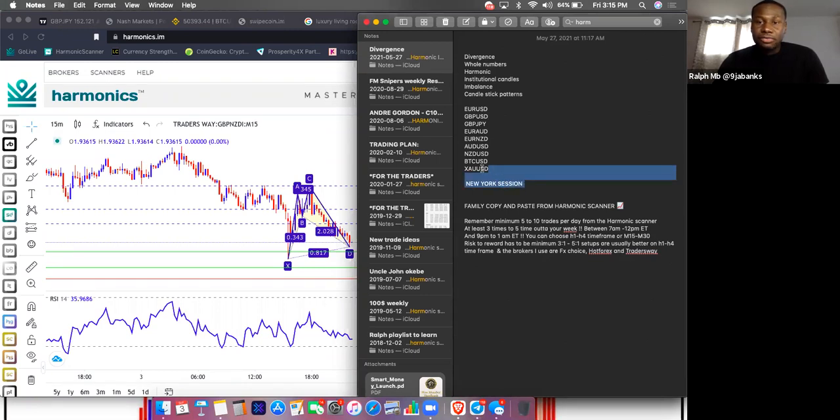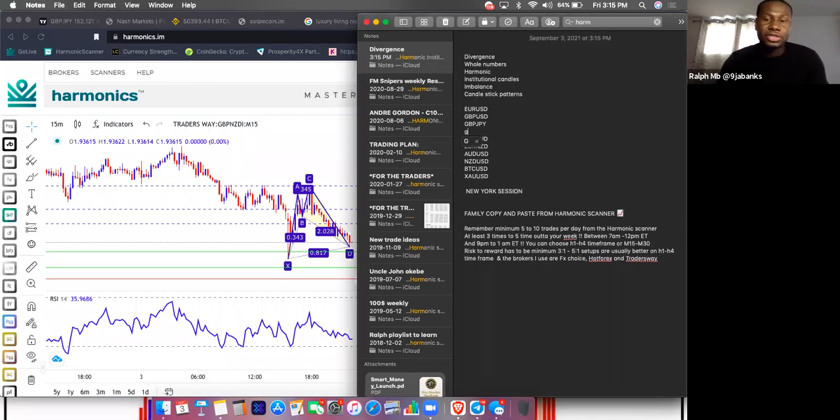These are mainly pairs that react in the New York session, and I've added a couple of pairs that are London session pairs because I like to trade the pound, I like to trade GBP/JPY and also the GBP/CAD pair, right? So that's why I added them as far as pound pairs, because those are the pairs I enjoy trading. But mainly for everything US dollar, these are the pairs you want to focus on from the scanner, and that I focus on personally, right?